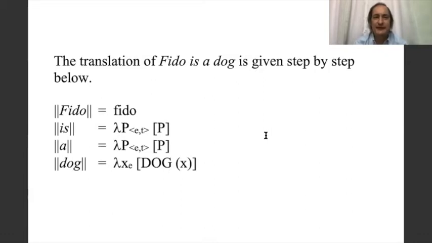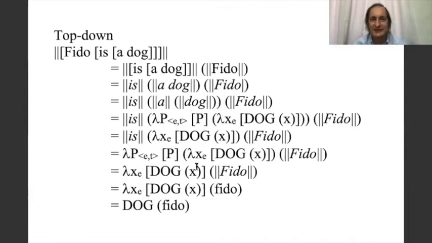If we assume that "Fido" translates as Fido, that "is" translates here as lambda p, p, that "a" has the exact same translation, and that "dog" translates as lambda x, dog of x, then our translation of "Fido is a dog" proceeds like this. I've done it in a top-down fashion. You might prefer doing it in a bottom-up fashion. They all work.